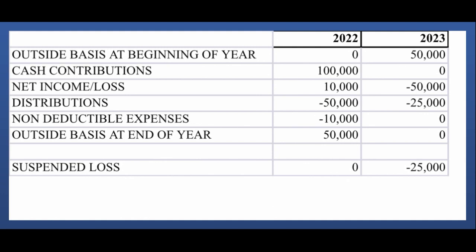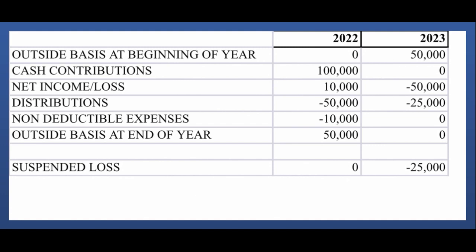So I started this with my friend. I put $100,000 in. Then at the end of the year, our net income was actually $20,000, but $10,000 would be going to me because I'm a 50% partner. So now my basis is at $110,000.